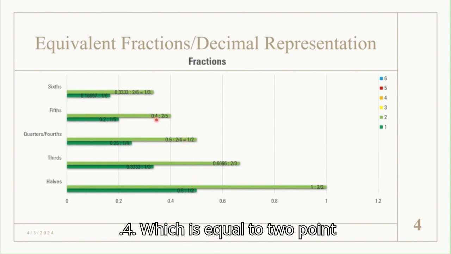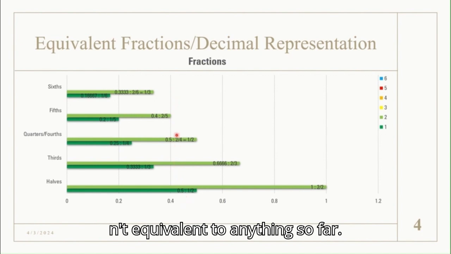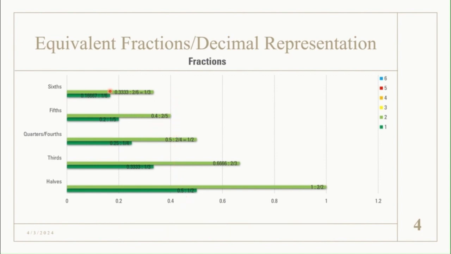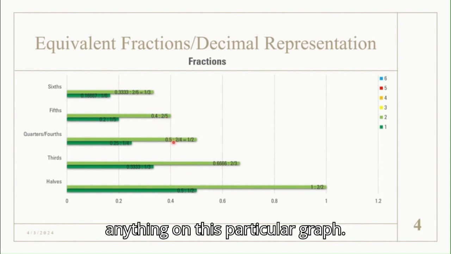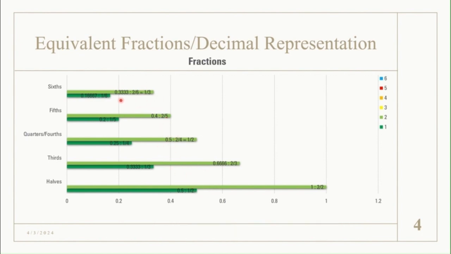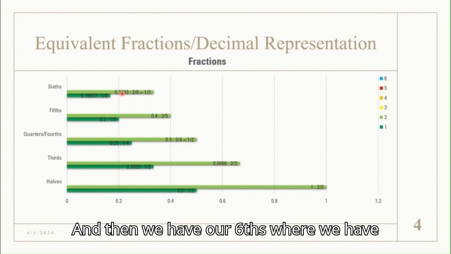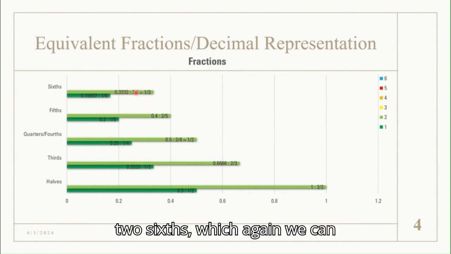Then we also have 0.4, which is equal to 2 divided by 5. That isn't equivalent to anything so far, and as a matter of fact, it won't equal anything on this particular graph.